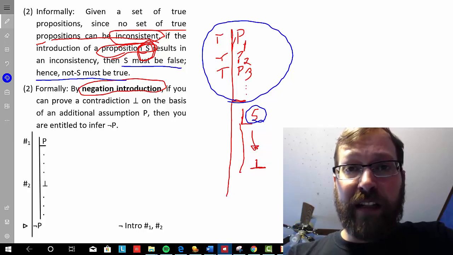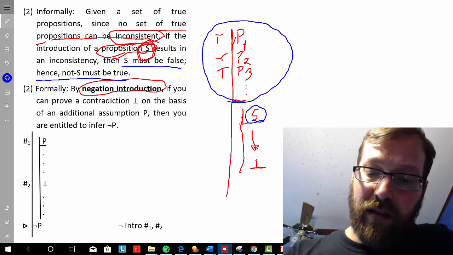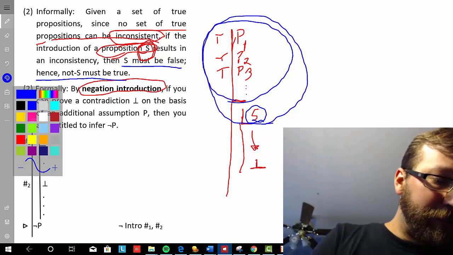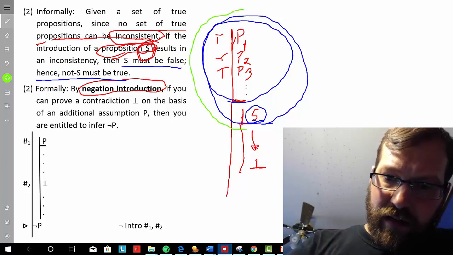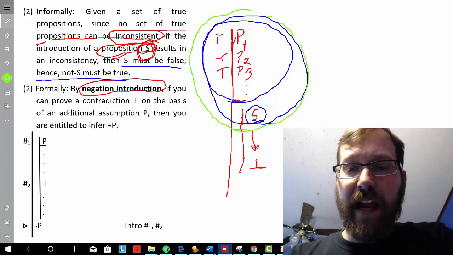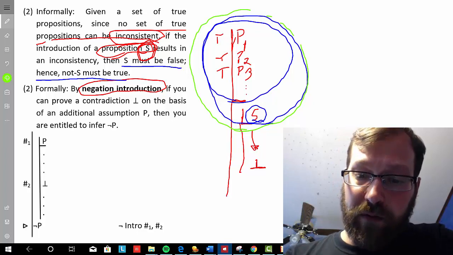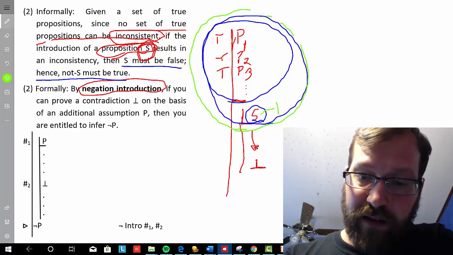And since by the word inconsistency, it means between these propositions, including the S, there's only one remaining proposition that could be false, namely S.